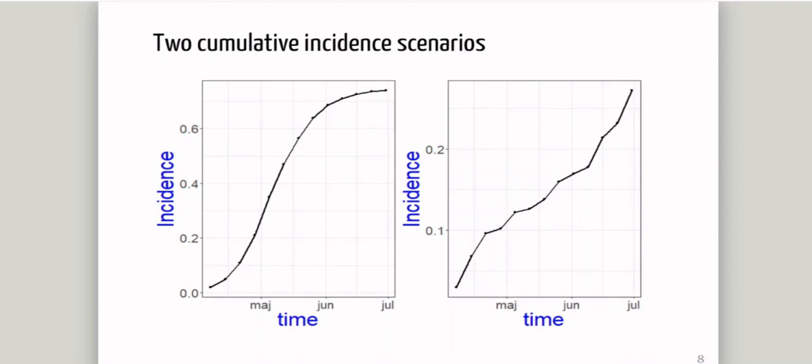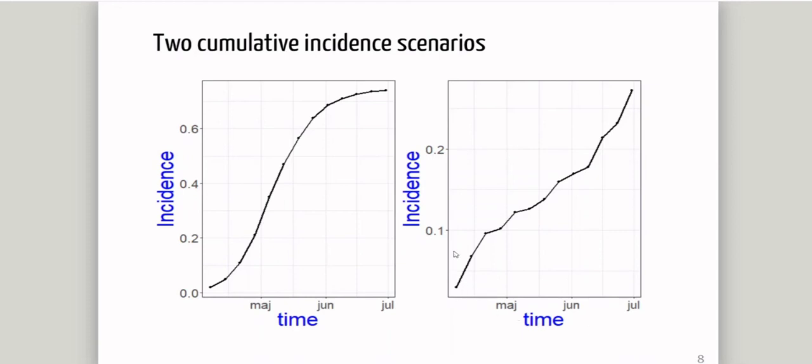Let's say that this is the incidence in a village. The cases in village A are in the left plot, and the cases in village B in the plot on the right-hand side. The slope of the line is quite similar.